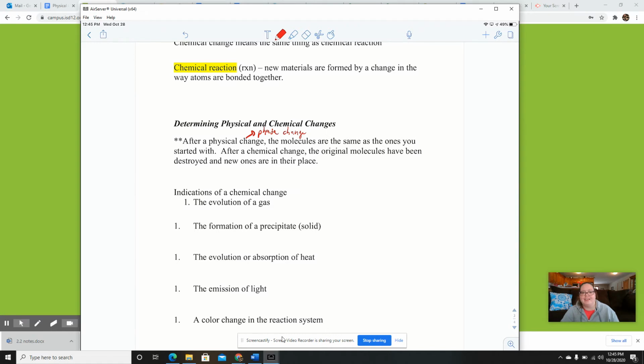Water in the gas phase is H2O. The chemical formula of H2O has not changed going through the different phases. That is a physical change. The molecules have not changed. They are the same as what you started with. Whereas in a chemical change, the original ones have been destroyed and you get new ones in their place.